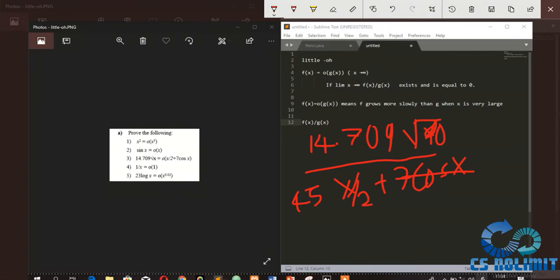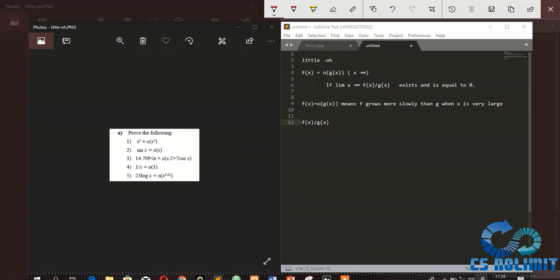So this violates our little o, which says that f of x will increase more slowly than g of x. So this one does not hold, and we will mark this as wrong.